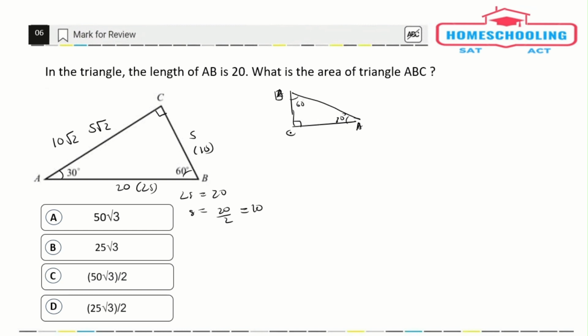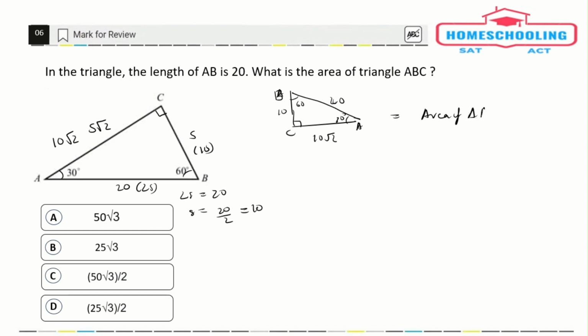So this is your base, CA is 10 root 2, and this is 20.